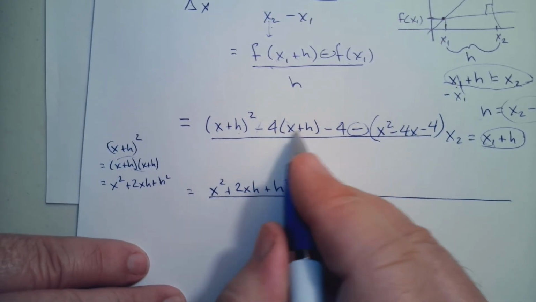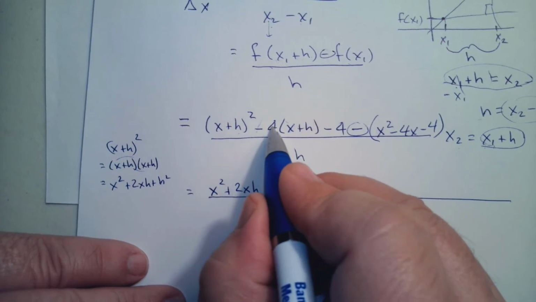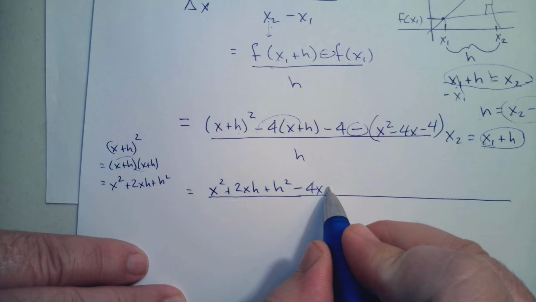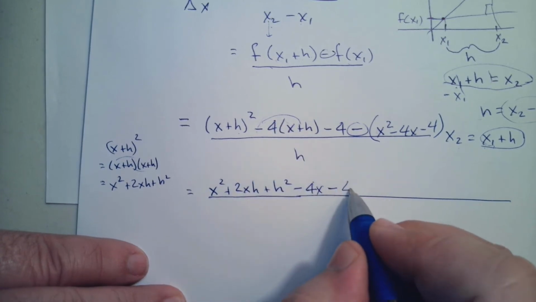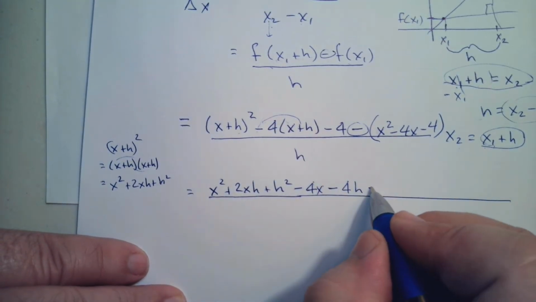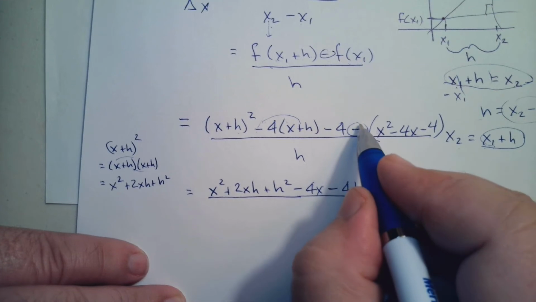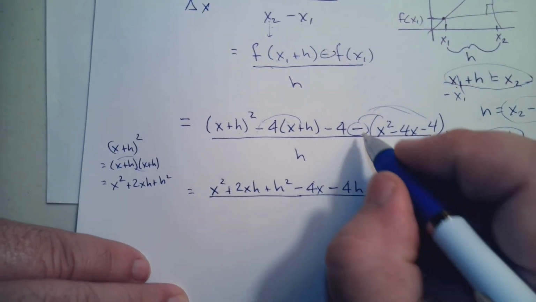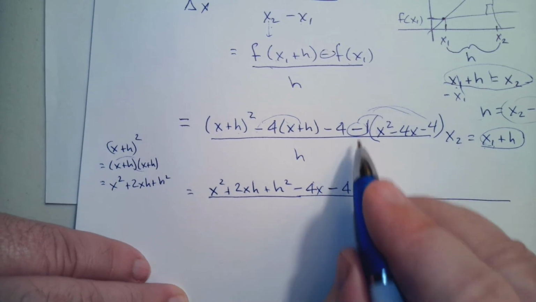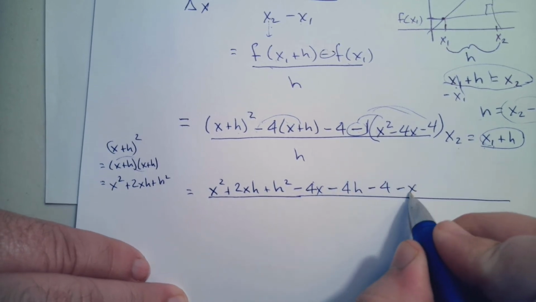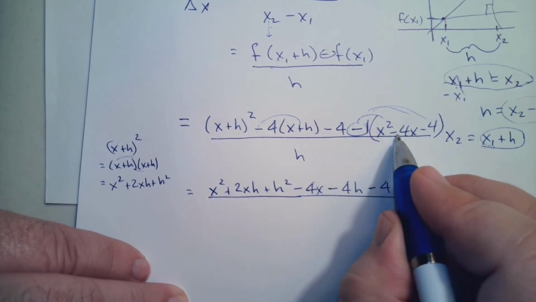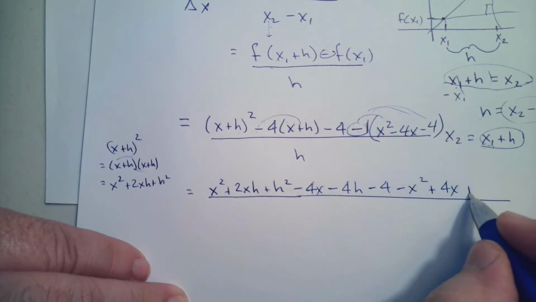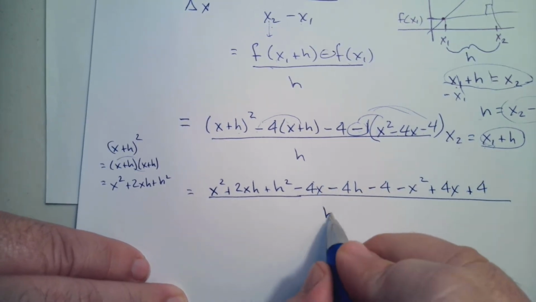We have to now distribute that and get rid of the parentheses. 4 times x, negative times positive is negative, 4 times h, minus 4. And this negative just changes all the signs inside there because it's multiplied by negative 1. So it becomes a negative x squared. Negative and negative makes it a positive 4x. Negative and negative makes it positive 4, over h.